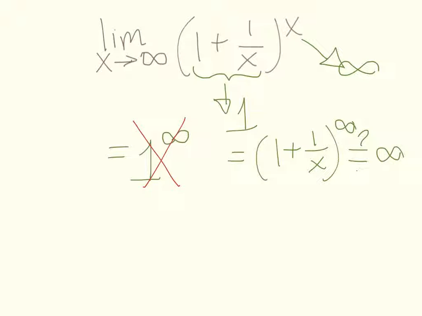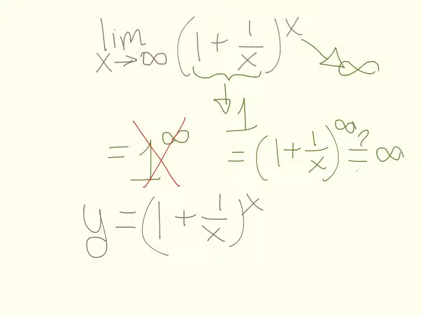So let's see if we can figure out how to use L'Hopital's rule. Take a look at this expression again. Let's just call it y: y equals (1 plus 1 over x) to the x. Since I don't know exactly what to do with this expression, let me look at the form here.